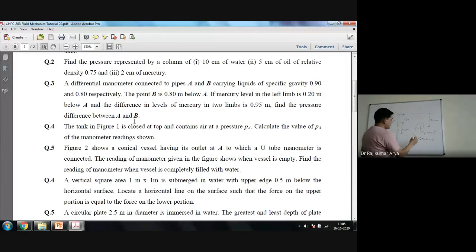Now you came down here, so you are going this much up. So this is, let's say, HB. You are going up here, you have rho B G. So total is 0.2, 0.95, minus 0.8, equal to 0.